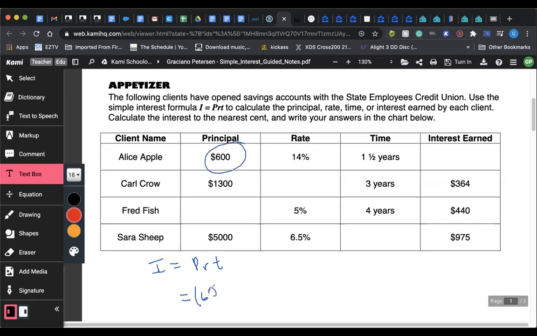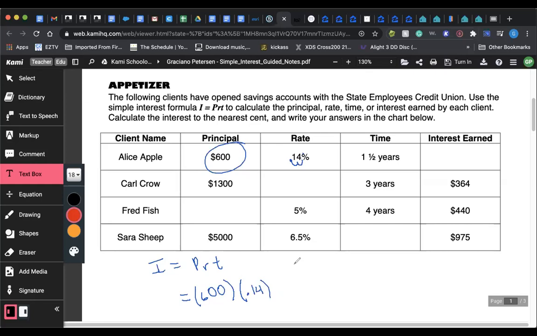I'm going to put in 600, right? Good. What am I going to put in as the rate? I need you to tell me exactly how I'm going to write that rate. Very good. 0.14, because it is a percent. We have to go 2 places to the left. I'm going to write it as 0.14.